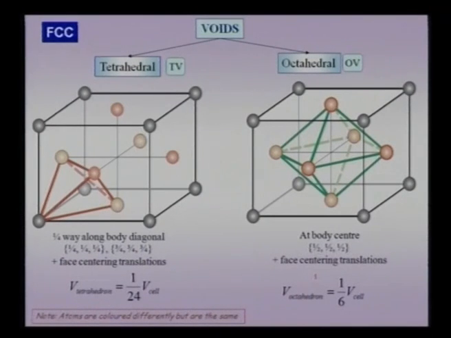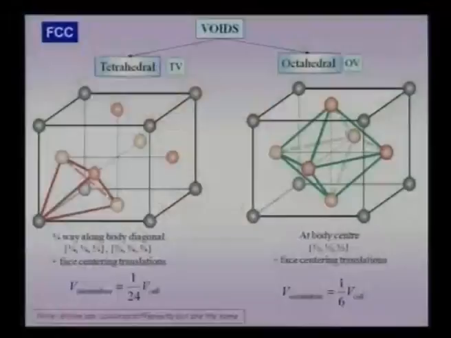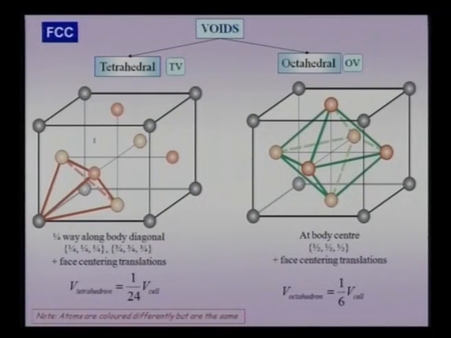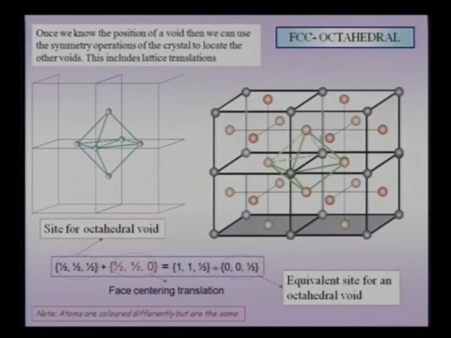So the two voids I am talking about here, again to emphasize, these are the polyhedral versions of the voids. I have the tetrahedral void and the octahedral void. There are 8 of these tetrahedral voids, and we will soon make a calculation of the number of octahedral voids per cell. Now, as I mentioned, I can apply all the symmetry elements to generate the remaining voids, and let me try to do that for the octahedral void.